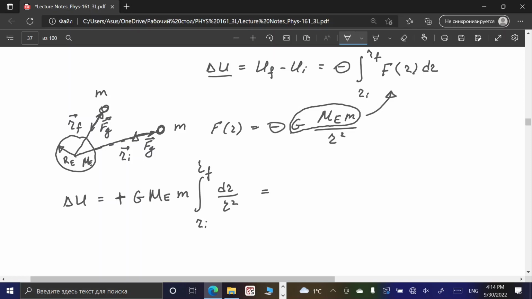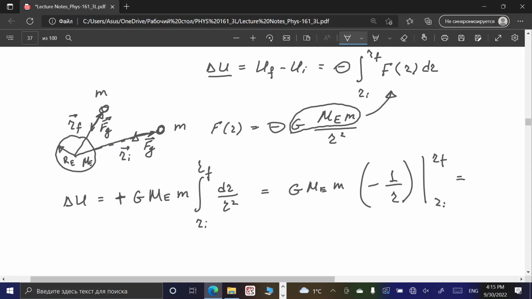Okay. So now we have G times M E times M, then we have minus 1 over r. That's result of our integral from r initial to r final.